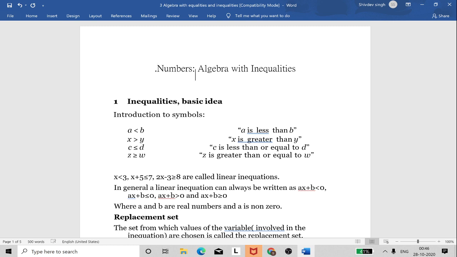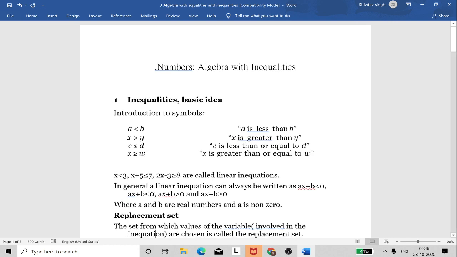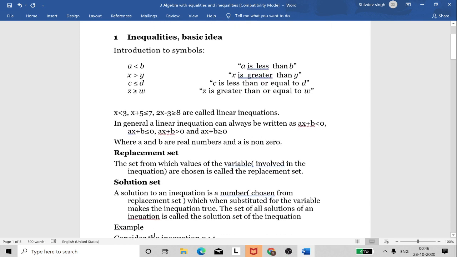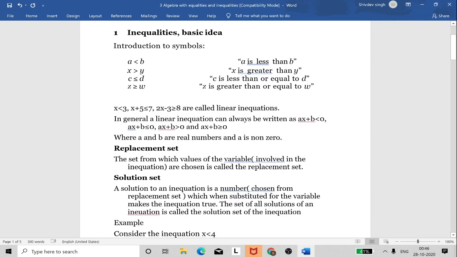Now, what is the replacement set and solution set of an inequation? The replacement set is the set from which values of the variable involved in the inequation are chosen. That is called the replacement set. What will be the solution set? The solution set is a subset of the replacement set.